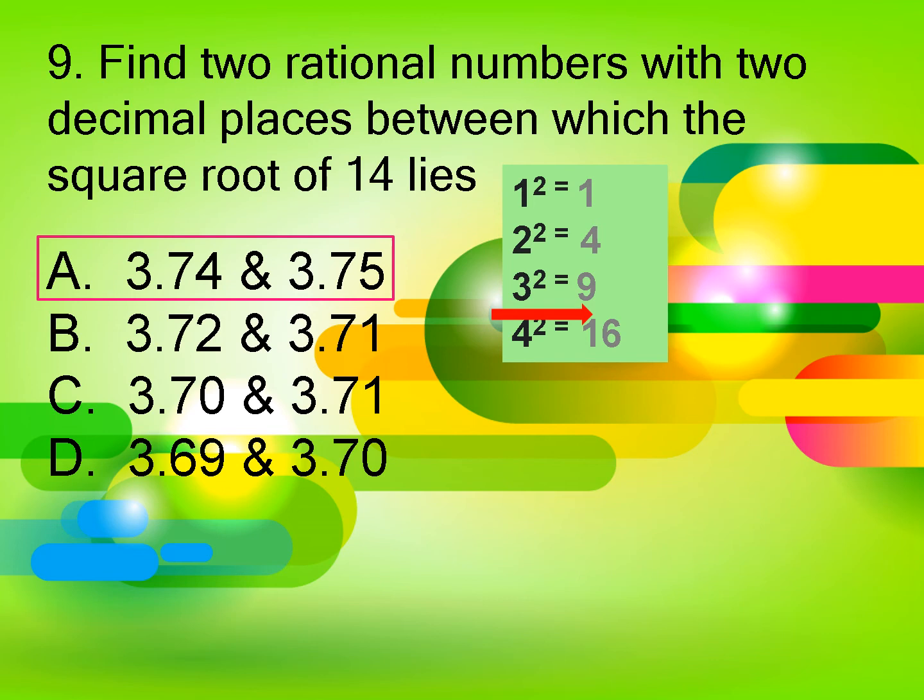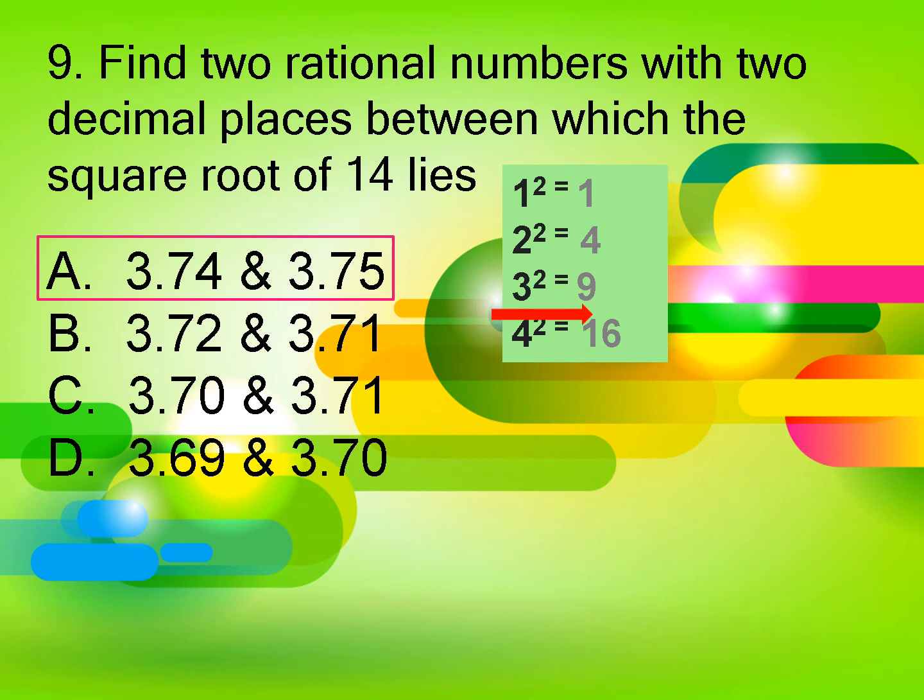So our target is 2 decimal places, so we'll stop at the hundredths place. The numbers between 3 and 4 are 3.1, 3.2, 3.3, 3.4, 3.5, 3.6, 3.7, 3.8, and 3.9.